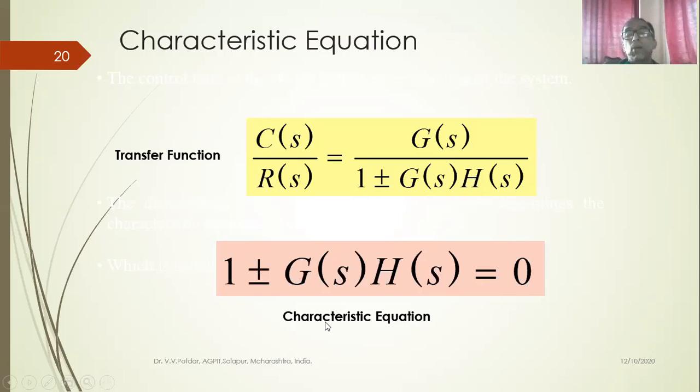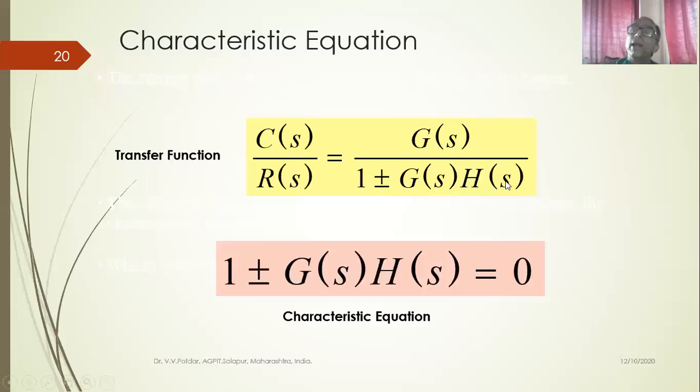Now, why is this called the characteristic equation? Even though I have written G(s) H(s) here, G(s) corresponds to some transfer function in s. It will be some polynomial in s, maybe s plus 1, s plus 2. That factor will be there in G(s), and in the denominator I'll have the factor s plus 1 into s minus 2.